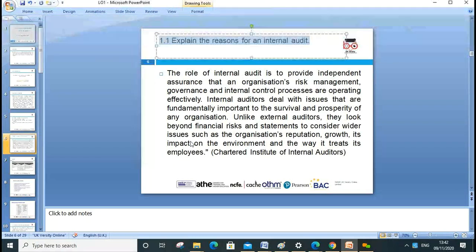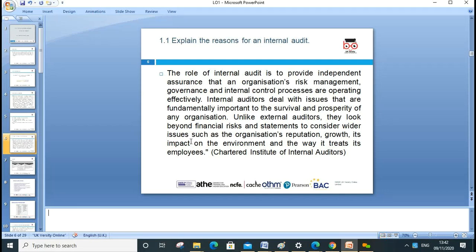The reason behind it is they think the relationship will help them to hide things as well. We shouldn't do that. Audit is independent. It gives a true and fair view. What we learn in accounts is that information needs to be true and fair, so the auditor should comply with it.